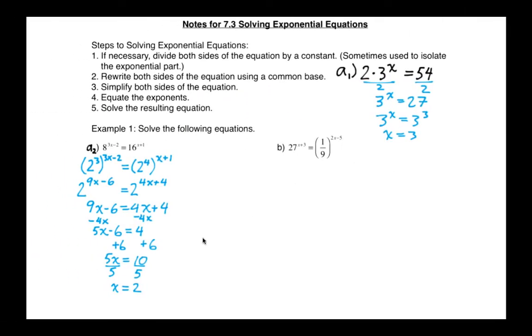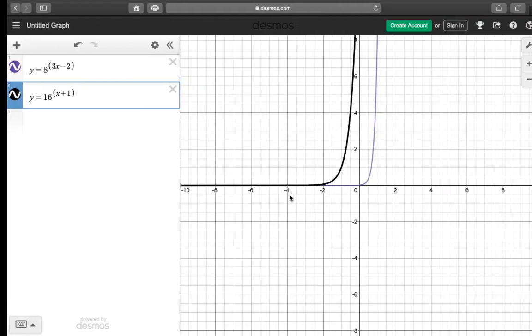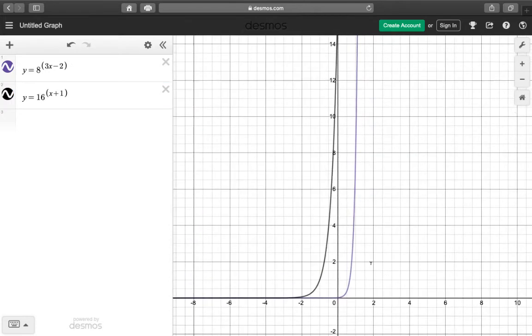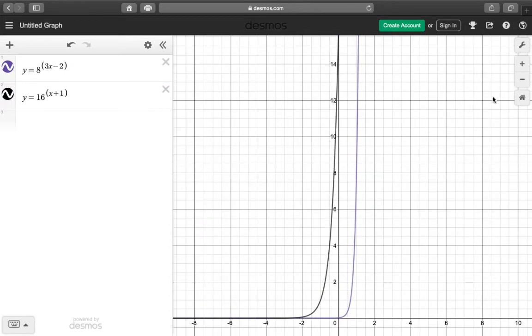I already know that my solution should be at x equals 2, but at x equals 2, both of these graphs are off the grid. So it looks like what I need to do is pull this down like this. It's a little bit easier on a mobile device where you can just pinch to zoom out.